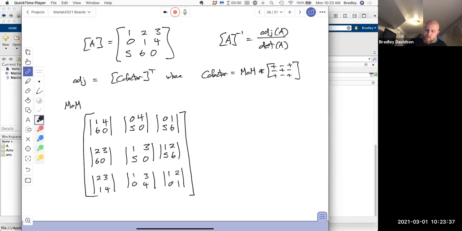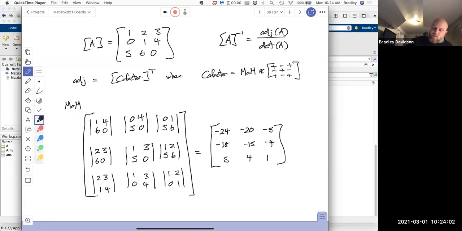And so to get our entire matrix of minors, we'll calculate each of these determinants, and I'm just going to write these in instead of working through each of the calculations. Negative 24, negative 20, negative 5, negative 18, negative 15, negative 4, 5, 4, and 1.